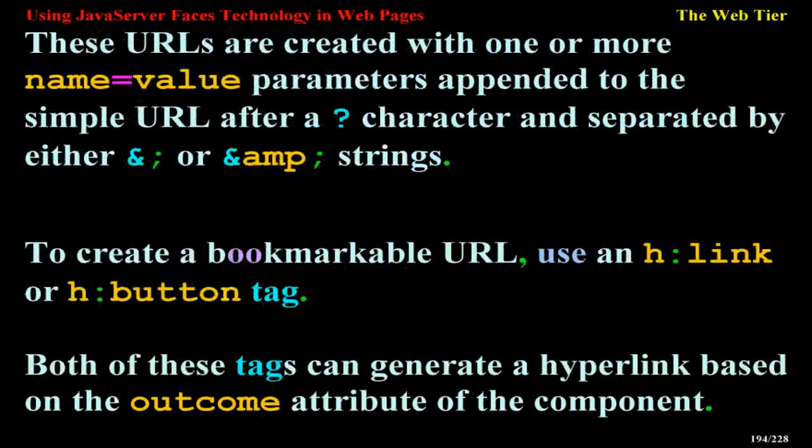To create a bookmarkable URL, use an h:link or h:button tag. Both of these tags can generate a hyperlink based on the outcome attribute of the component.